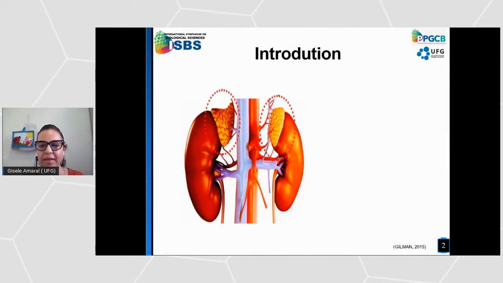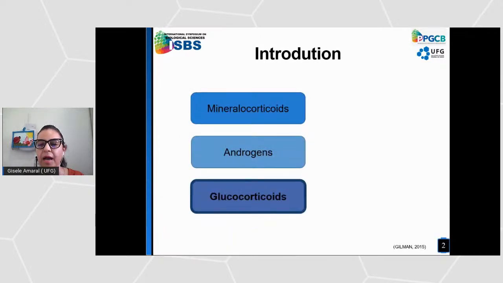The adrenal gland's cortex secretes a group of hormones called corticosteroids, which, according to their chemical structure, are classified into mineralocorticoids, androgens, and glucocorticoids. Mineralocorticoids act primarily in electrolyte transportation and water distribution in the tissue.